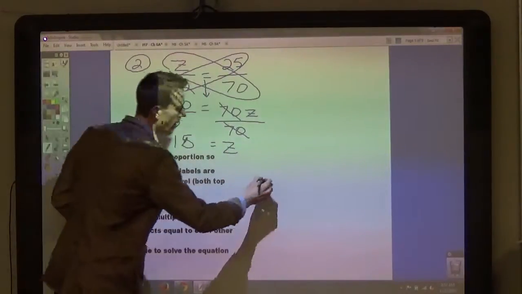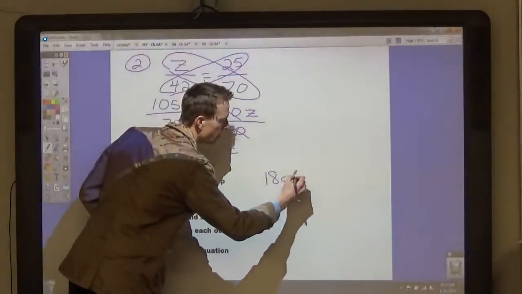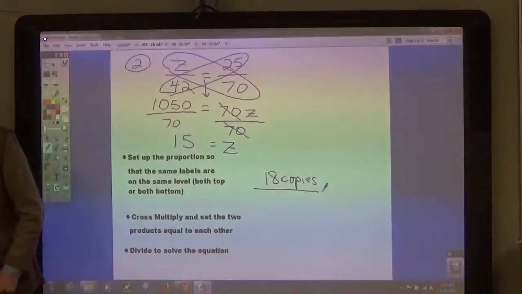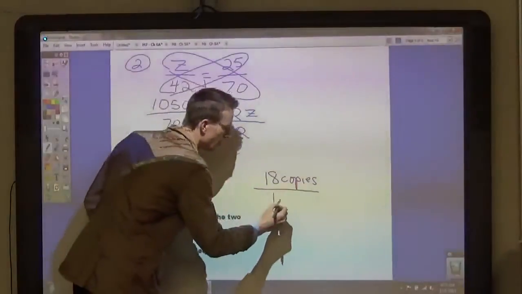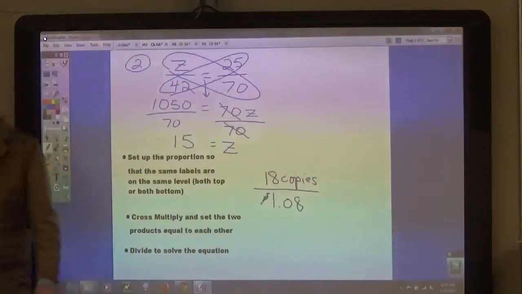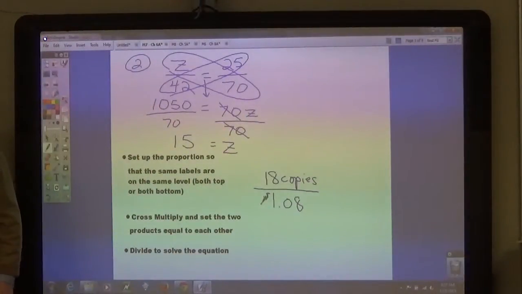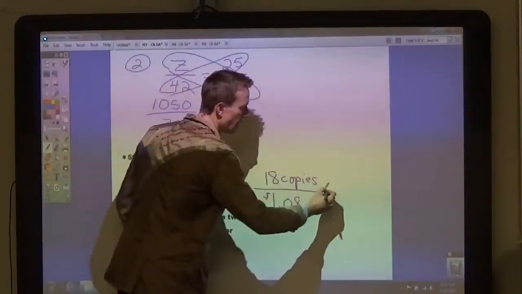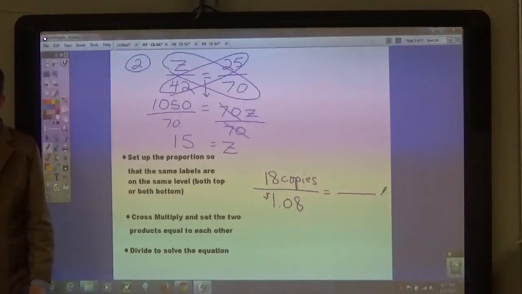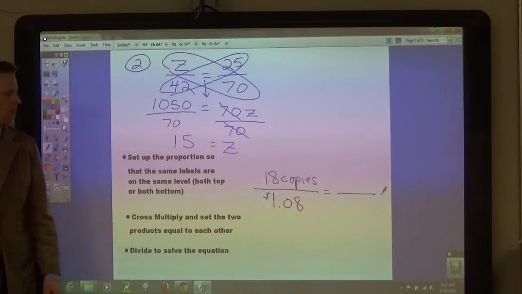How about number 21? You can make 18 copies for $1.08. How much will it cost to make 40 copies? Where should we put 40 copies? Where should we put the 40? Noah? On the bottom?